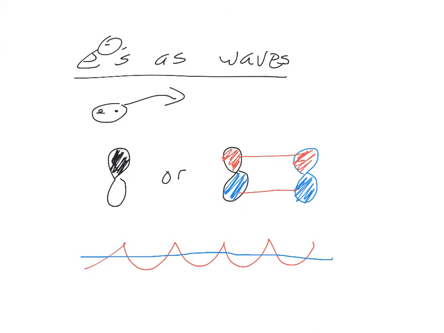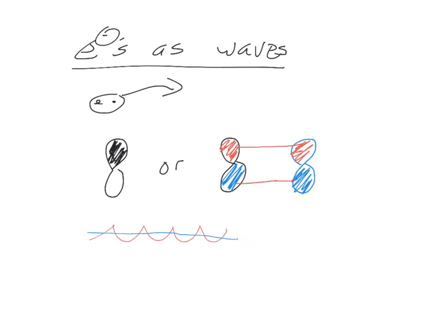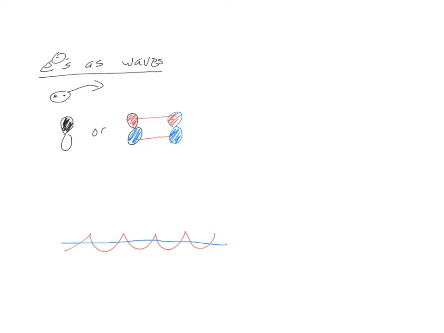Now, the alternate is true. What if I have 2 things come together, but they're out of phase? What if 2 waves come together and they cancel each other out and completely eliminate the wave? That's called a node, an antibond.